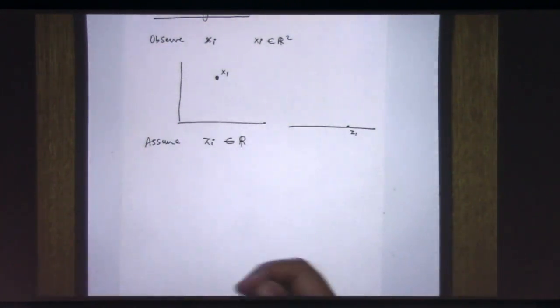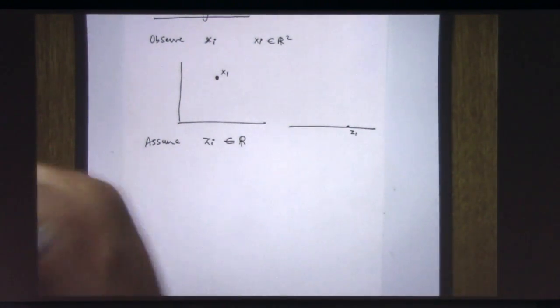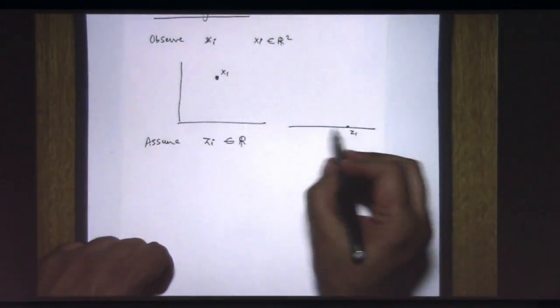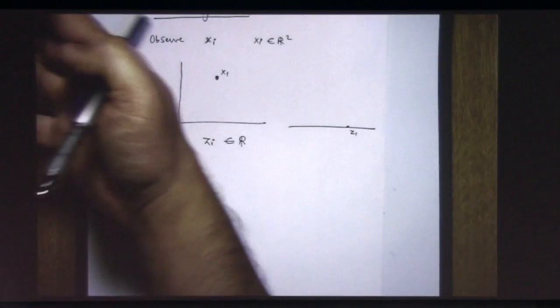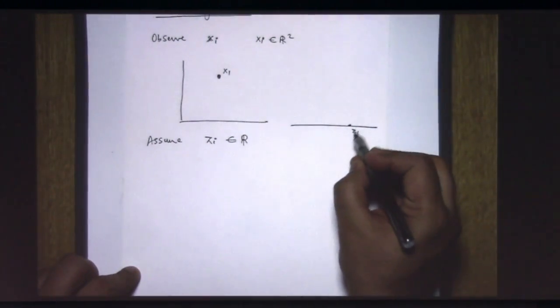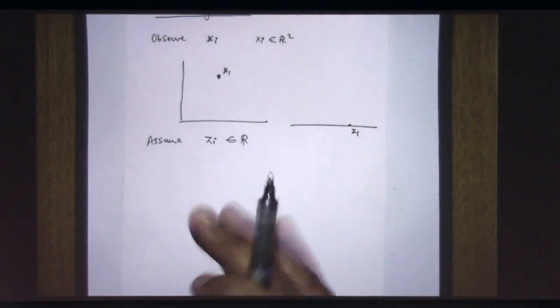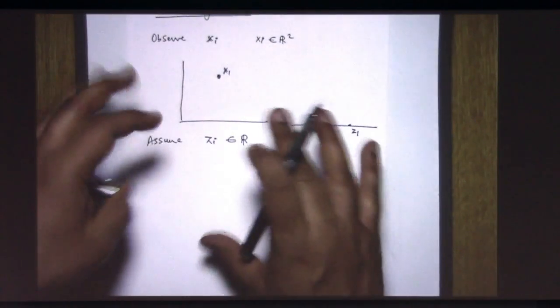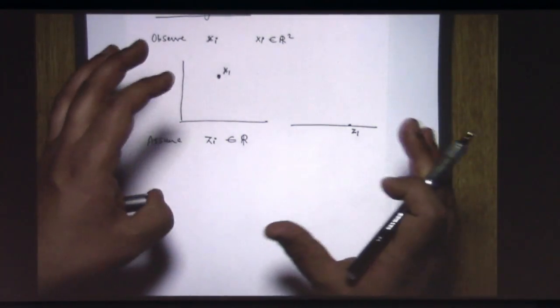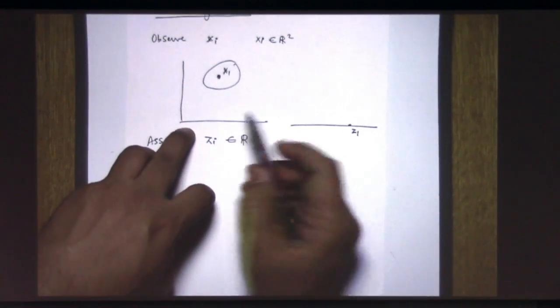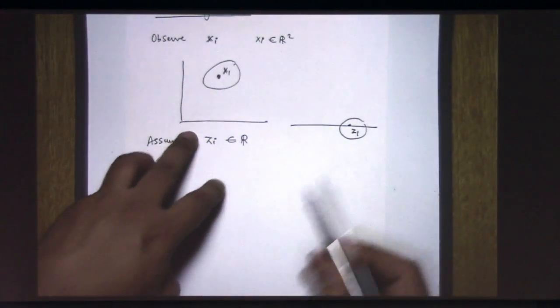So what happens is that in a mixture model, remember, we were tossing a coin to choose our z. Here, instead of tossing a coin, we are drawing from a random distribution, and then once we get z1, we use that to compute what my x1 is, right? So you can see that there is some relationship between your data in two-dimensional space and this hidden data in one-dimensional space.